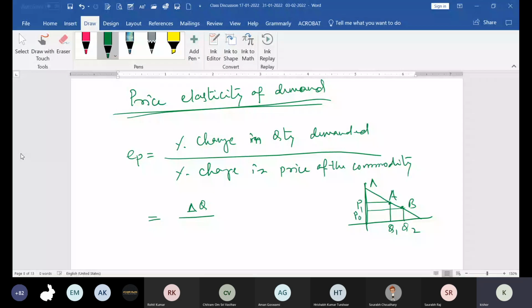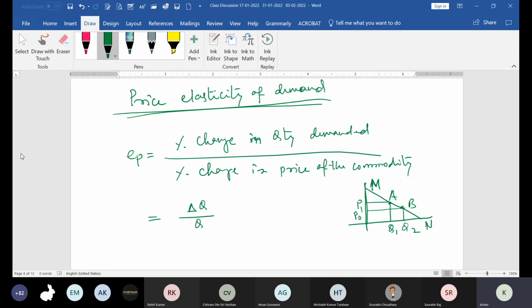Suppose your demand line is MN. When you move from A to B, you are interested in measuring your price elasticity of demand.